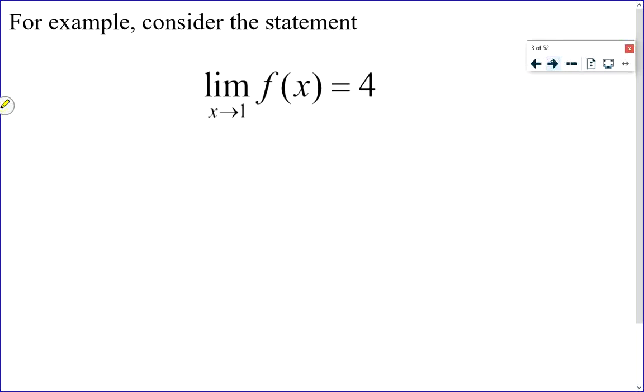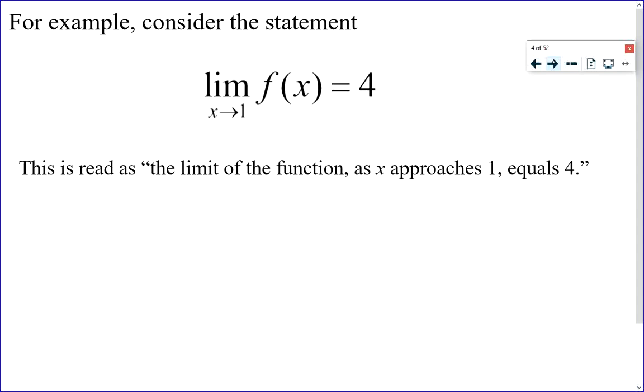As an illustration, I have up here that statement, and I would pronounce that statement by saying it's the limit of the function as x approaches 1 is equal to 4. There's other ways you can say it. I would prefer to say instead, it's the limit as x approaches 1 of the function, and it's equal to 4. What does this mean?